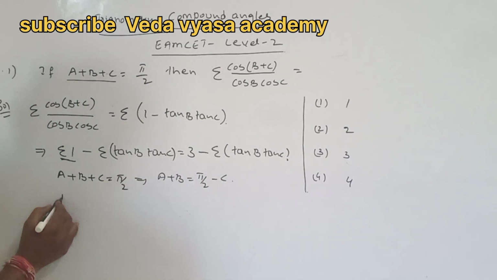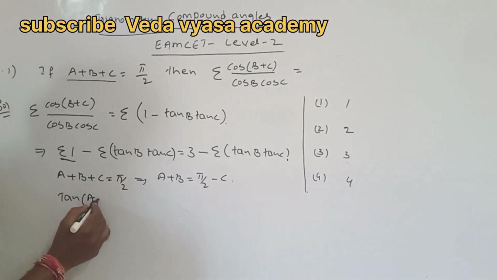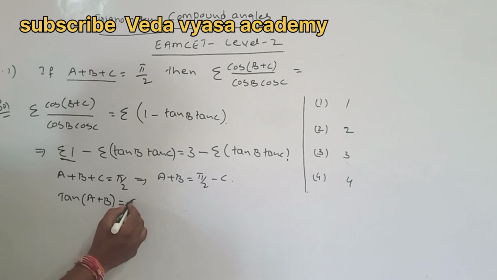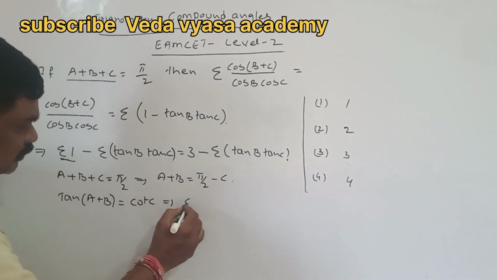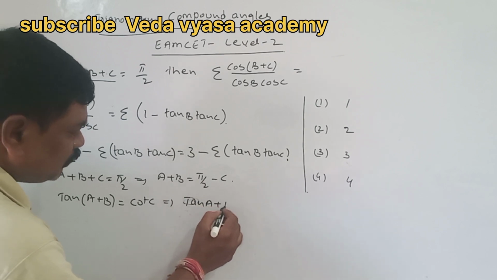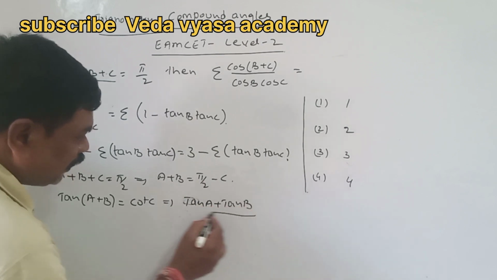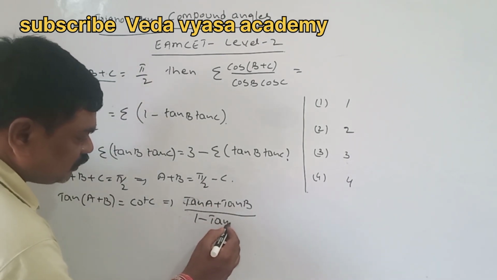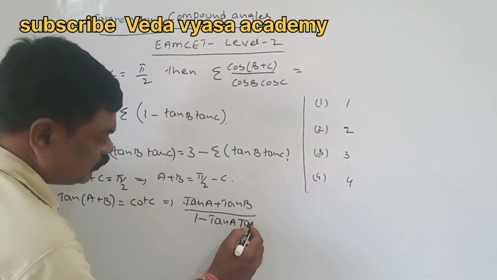Then tan of (A plus B) is equal to cot C, which is equal to (tan A plus tan B) by (1 minus tan A tan B).